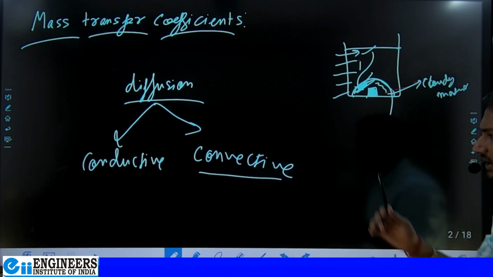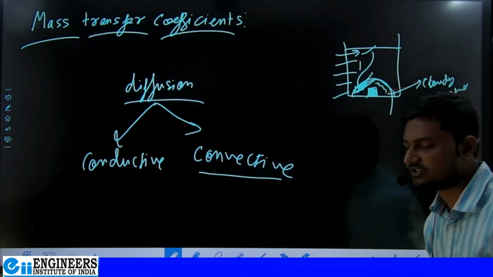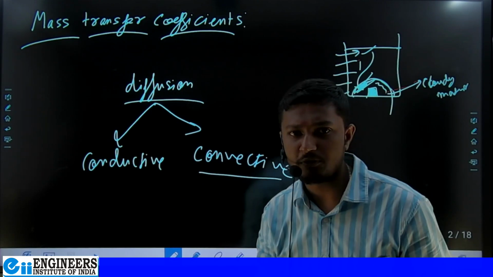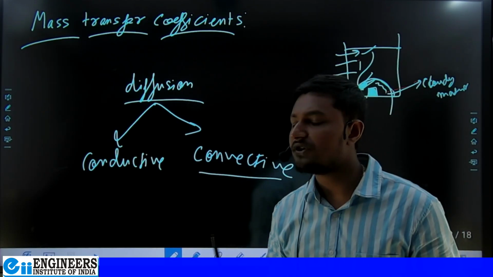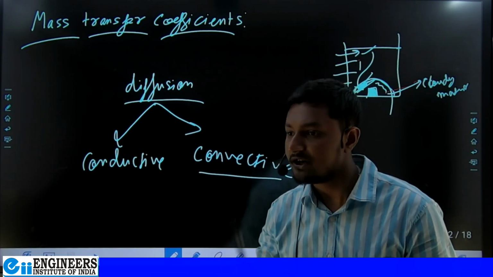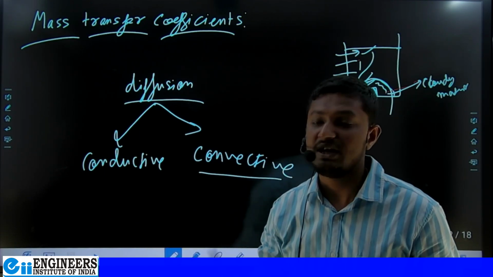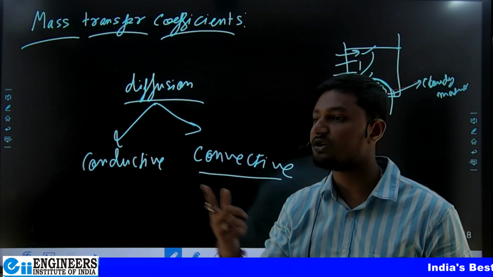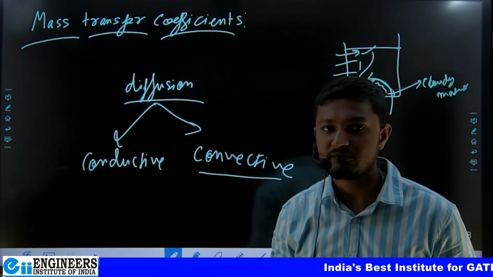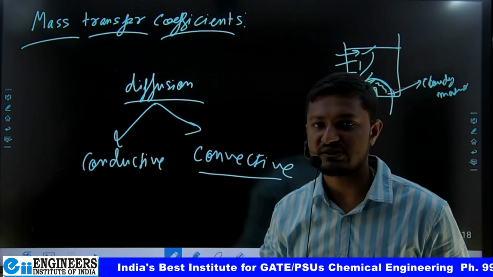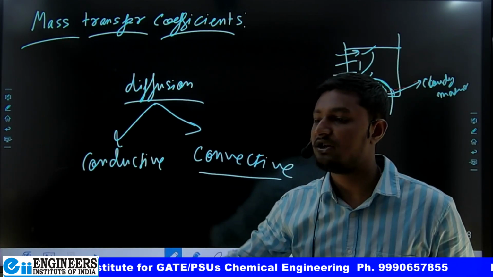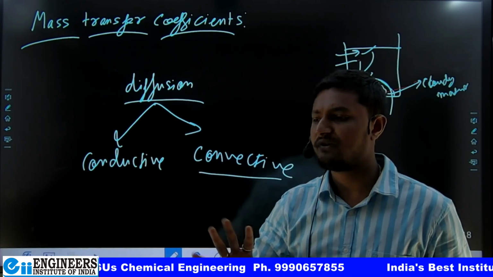So conductive mass transfer is a very slow process. Because of this, drawing the concentration profile or the velocity profile of the sugar molecules is very easy.